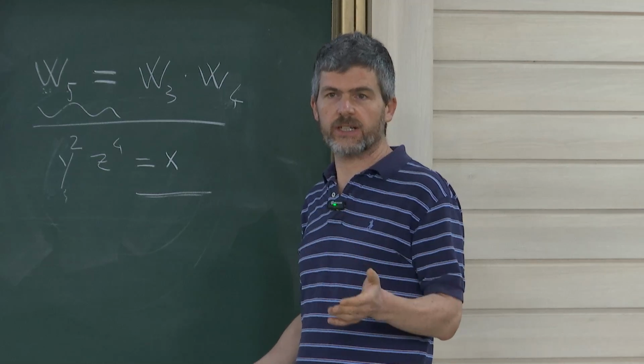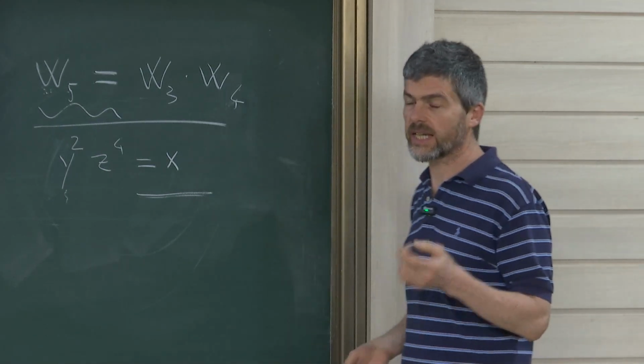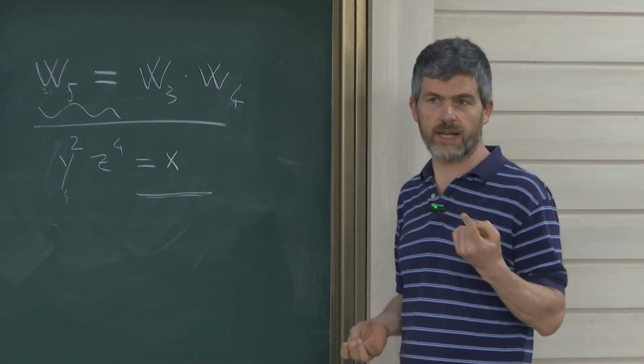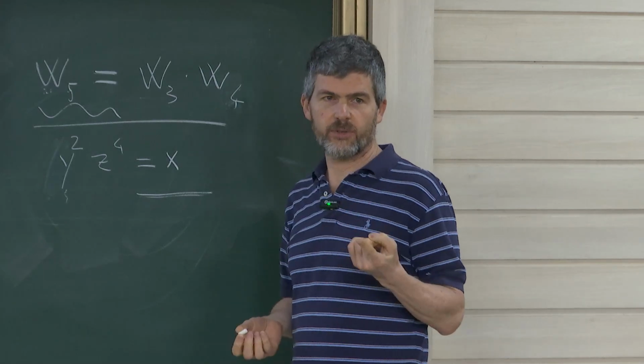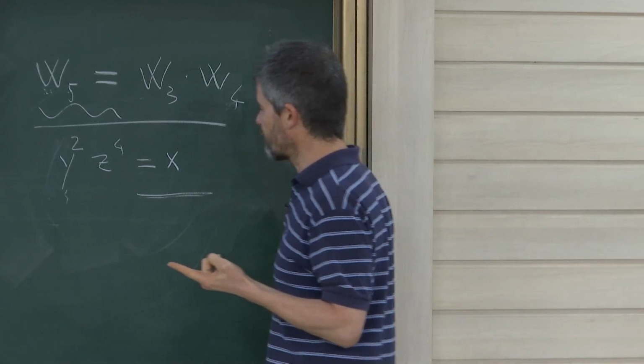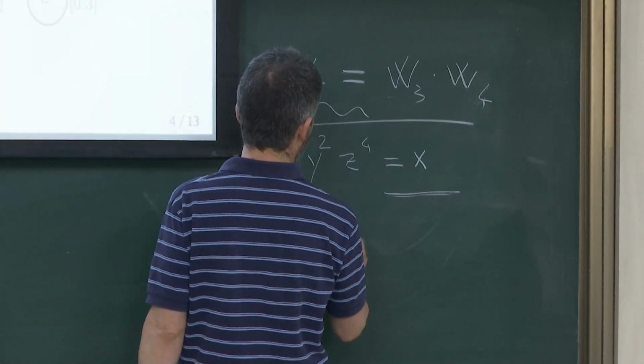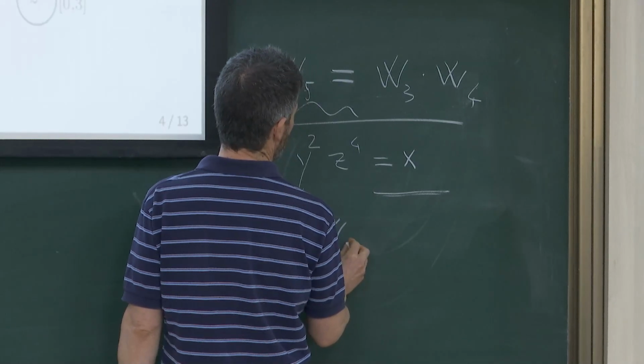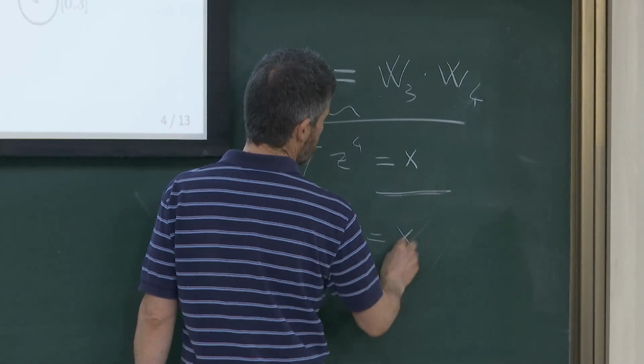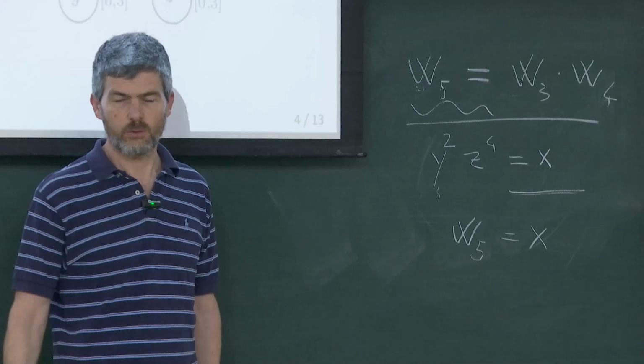Actually, it's perfectly fine to do this in a MINLO solver, and it's even better because, first of all, you have one less variable, because then obviously you would have to say w5 equals x, which is fine.